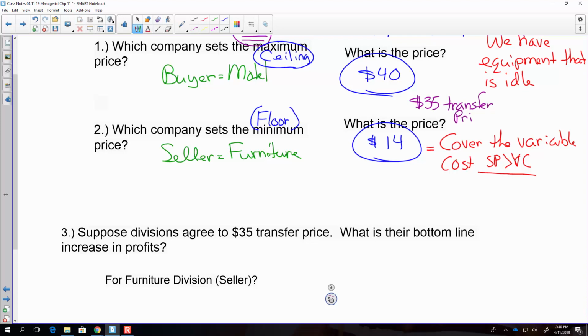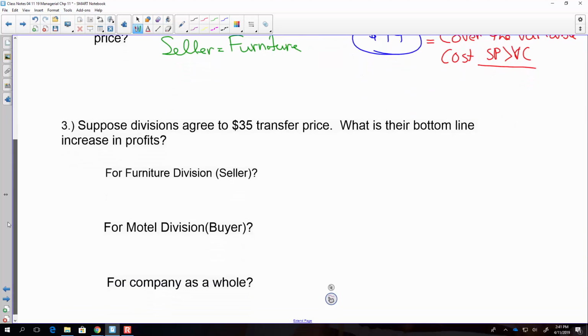And that seems good, right? It fits between the 14 and the 40. So both the seller would benefit as well as the buyer would benefit. So in this case, $35 would be a good transfer price. It's within the range, the upper and lower range.